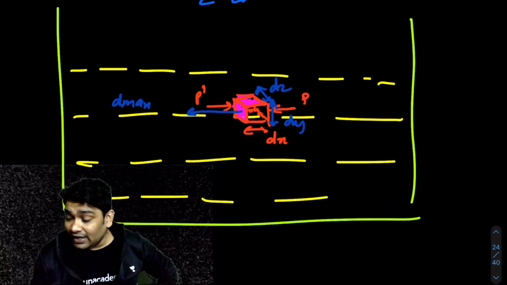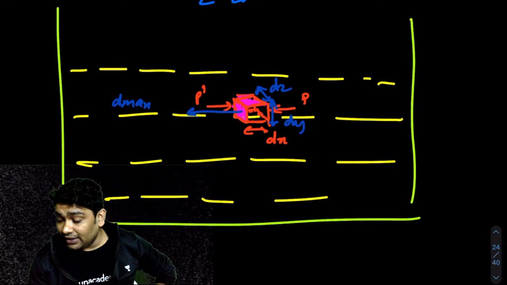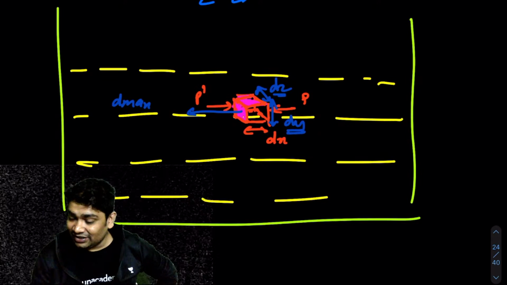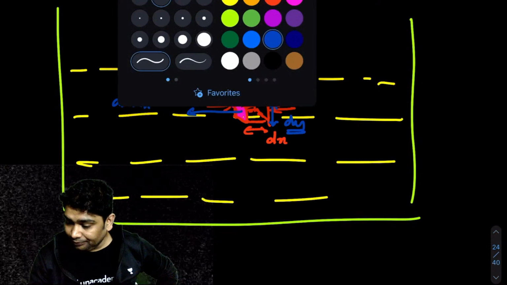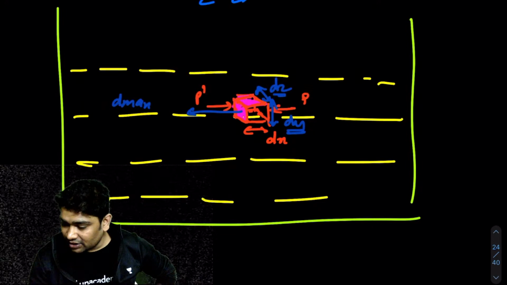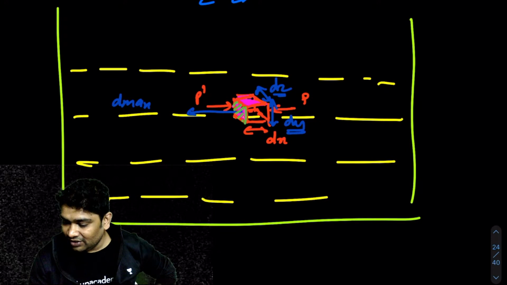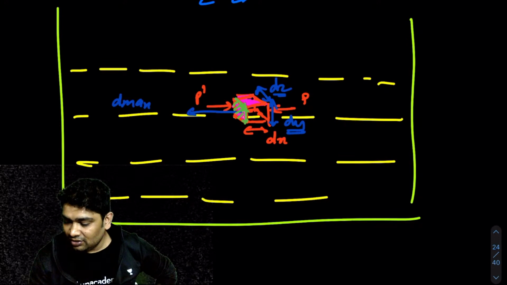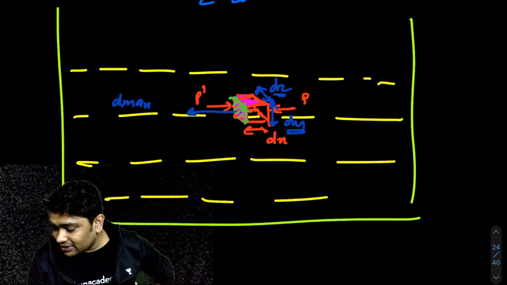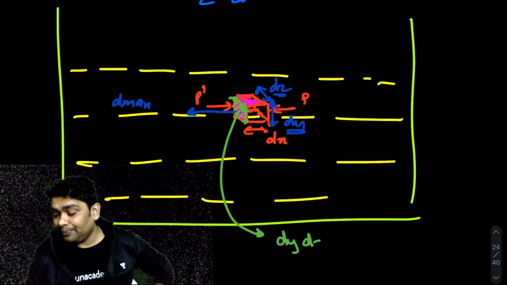So can I say, for equilibrium in the x direction, you realize what is the area of cross section? It would be dy times dz, right? This area of cross section is dy times dz.